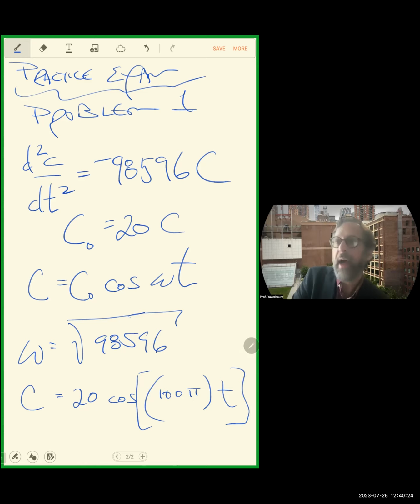The amount of charge in the capacitor is washing up and down like a cosine function in time. It's starting at a value of 20 coulombs, right? But it's going back and forth at an angular frequency, which necessarily is the square root of that constant given in the equation, right?